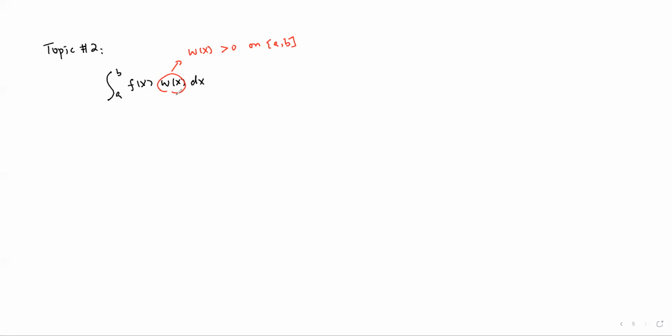When w is a general function, there are not many nice theoretical results. So here I assume w greater than 0. Now, I want a formula of this form: A0 f(x0) plus A1 f(x1). Now this time, all the quantities, the coefficients and the nodes, are free to choose.